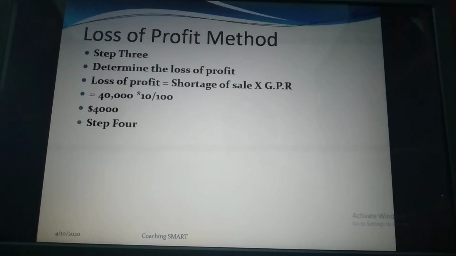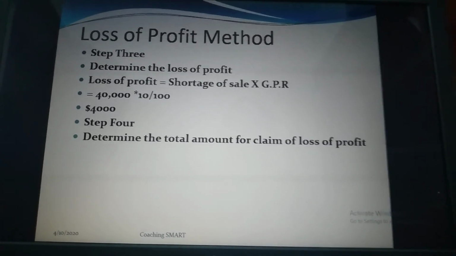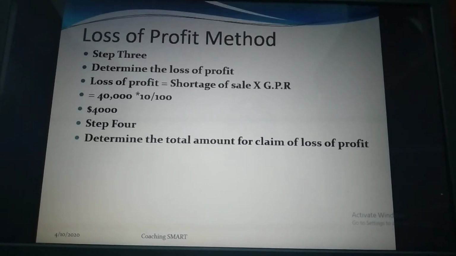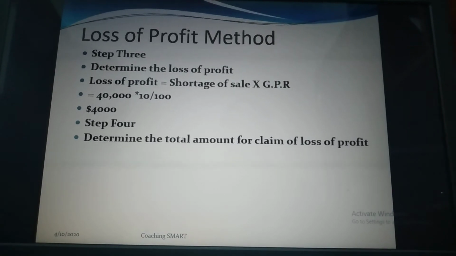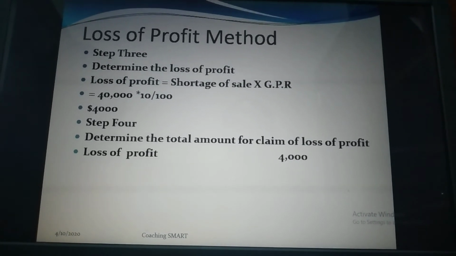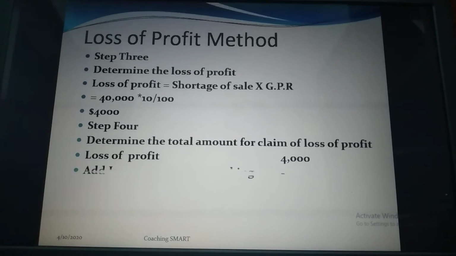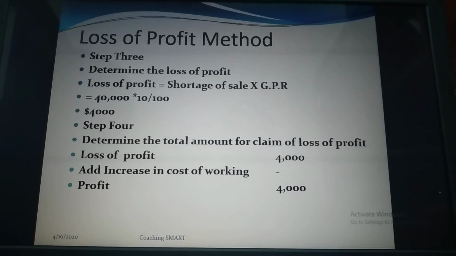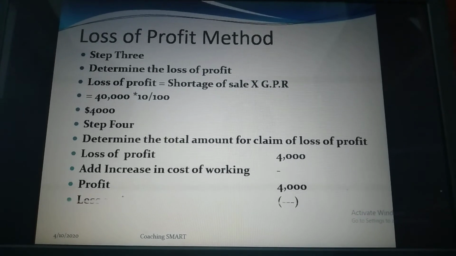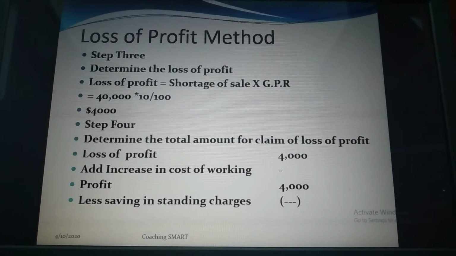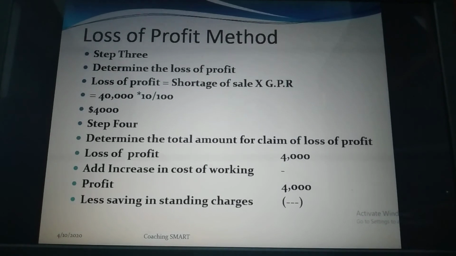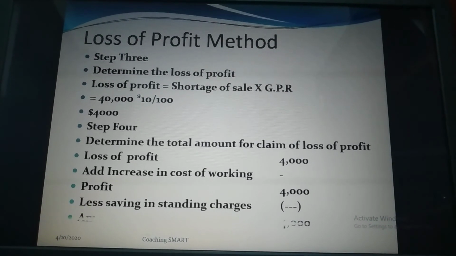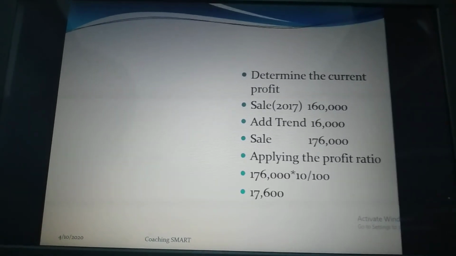Next, determine the total amount for claim of loss of profit. Now how do we get this? We say loss of profit was 4,000, add increase in cost of working, which is not there. Profit is 4,000. Less savings in standing charges, which is not there. When you subtract, amount of claim is 4,000.